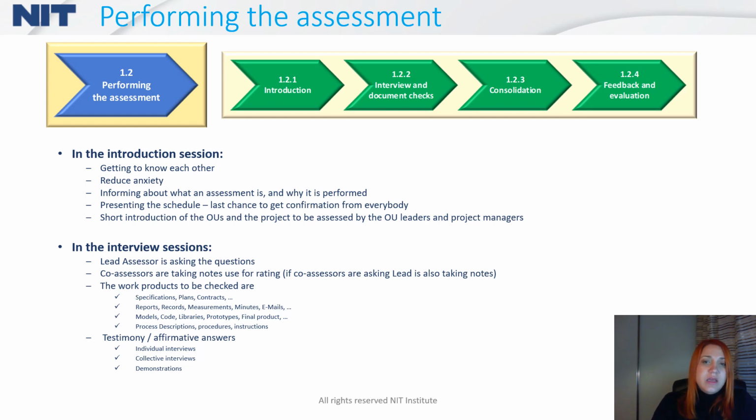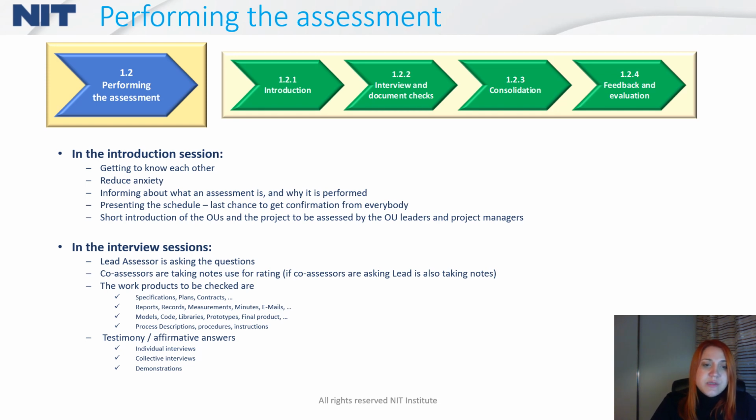Then in the interview, besides answering the questions and checking which processes are implemented on the project, there are some possible reviews of the work products.